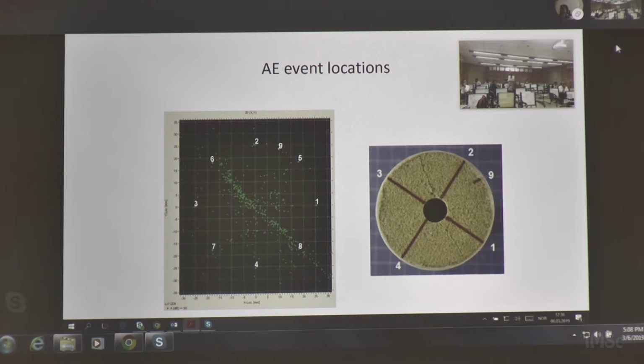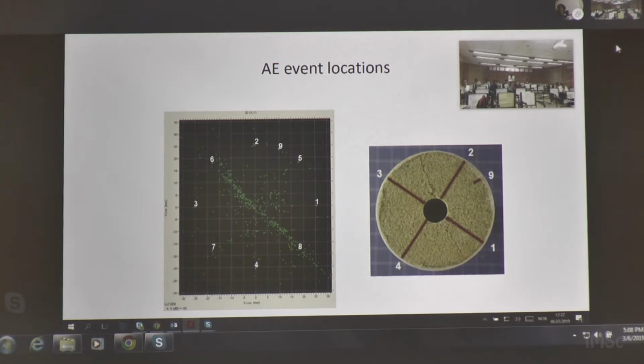Through the system we used, called the Valen acoustic emission recorder, you can locate the acoustic events. On the left I have shown one panel of this acoustic recorder. The numbers are the positions of the acoustic transducers, and all the green dots are acoustic emission events with magnitude or amplitude more than 60 decibels.